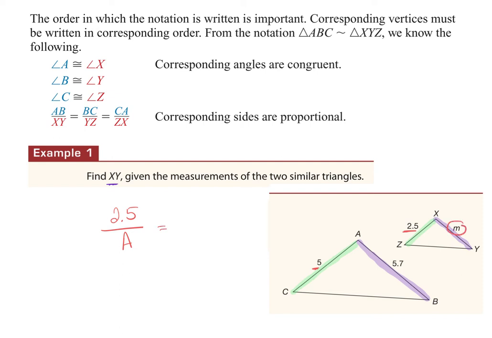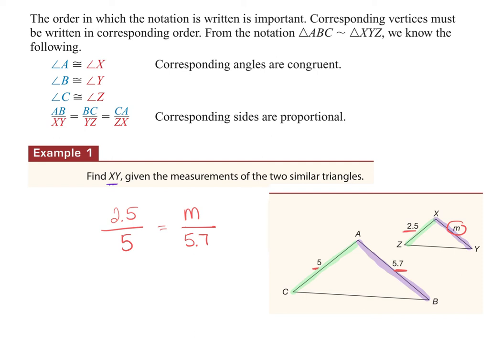If they don't give you a variable, just assign one to the one you're looking for. In this case, they gave me a variable. All right, so I know AC. I'm going to fill that one in, and I'm going to say that is 5. I don't know XY, so I'm going to leave that as a variable, but I do know what it corresponds to, the 5.7.